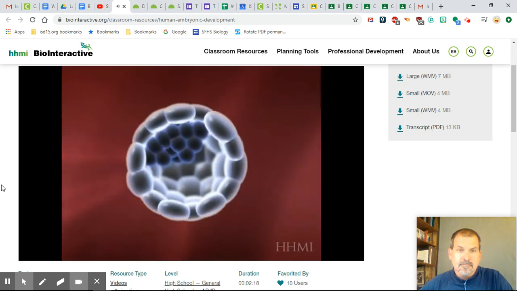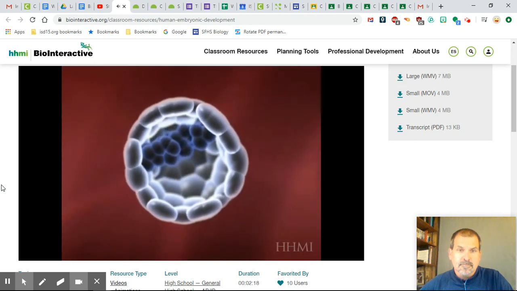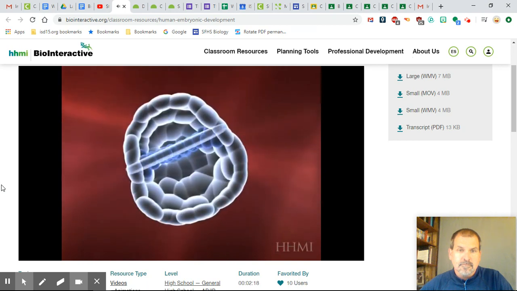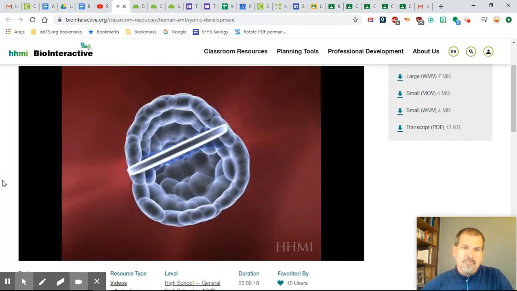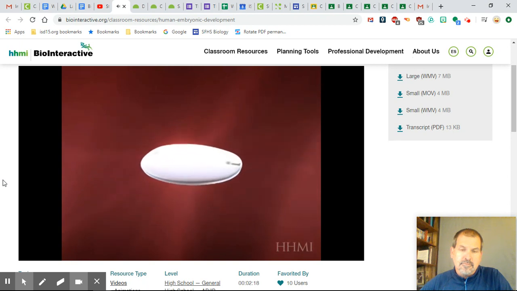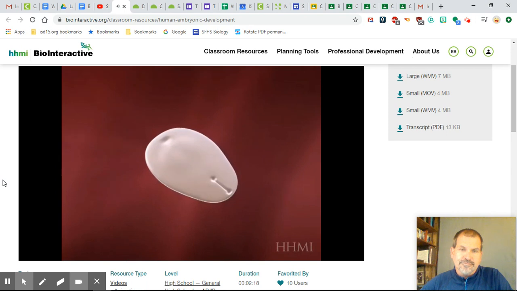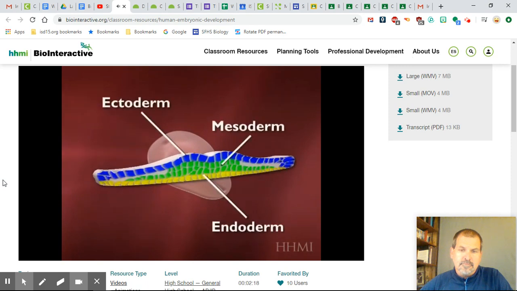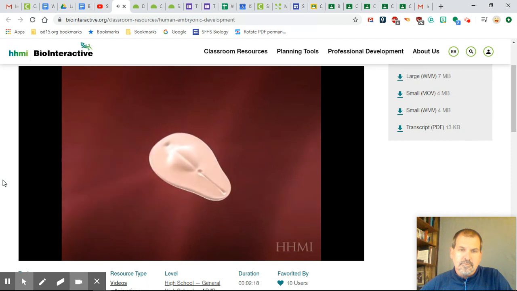And now we'll see those blue inner cell mass cells form a disc, and then as the cells continue to grow, they change their physical positions, their geographical relationship to one another. And you'll see that represented here as this disc gets transformed into an embryo. Those lines represent sites where cells are migrating in and out. And here's an important stage when the three beginning layers of the embryo, the so-called germ layers, are formed, and I'll come back to that in a few minutes.